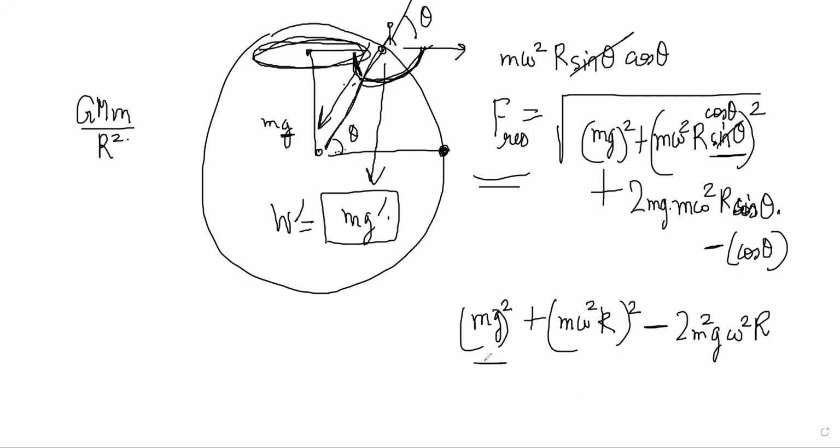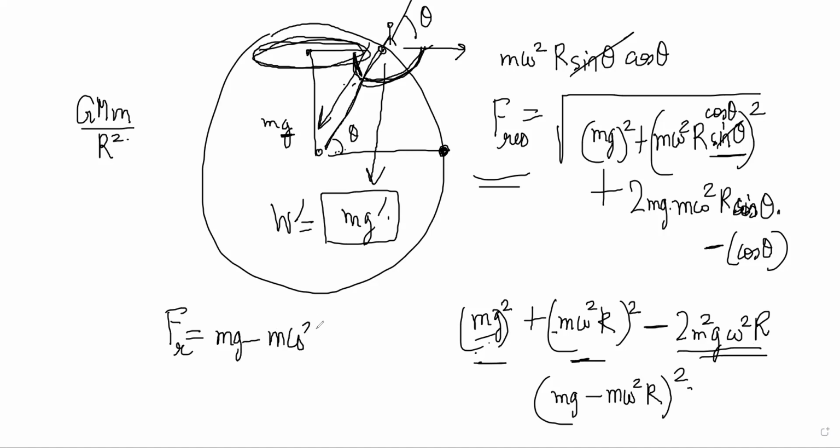And if you see that, you will realize that it is the whole square of mg minus m omega square r, because this is the 2ab term. So at the equator, F resultant becomes simply mg minus m omega square r.